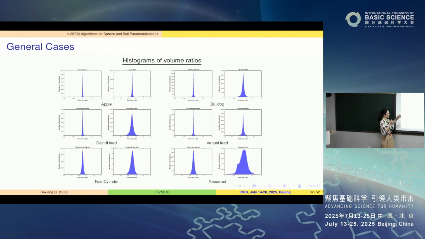Mass preserving means the ratio of the mass should be close to 1. For so many complexes, we can see mostly the ratio is clustered at 1. Of course, for the 4D cases, the result is not as good as the 3D.